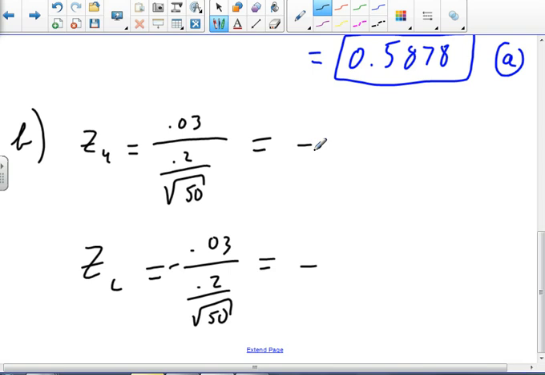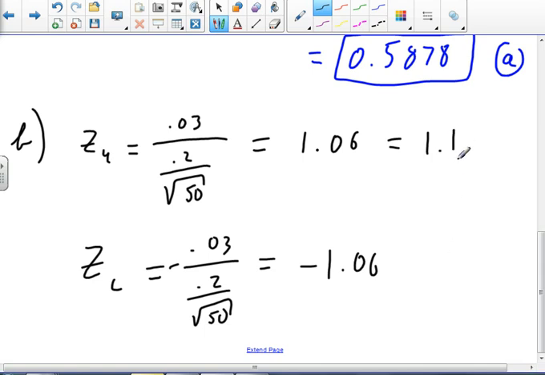I had to do this part first. All right, so it looks like I've got 1.06 and minus 1.06, and I know we don't have those.